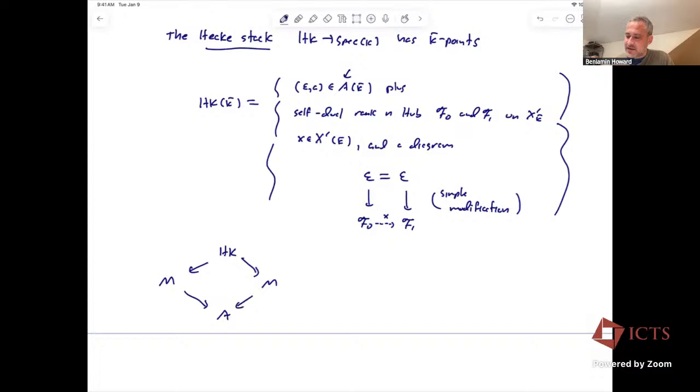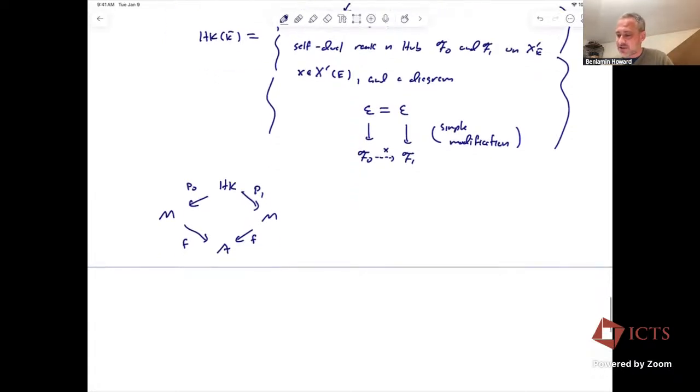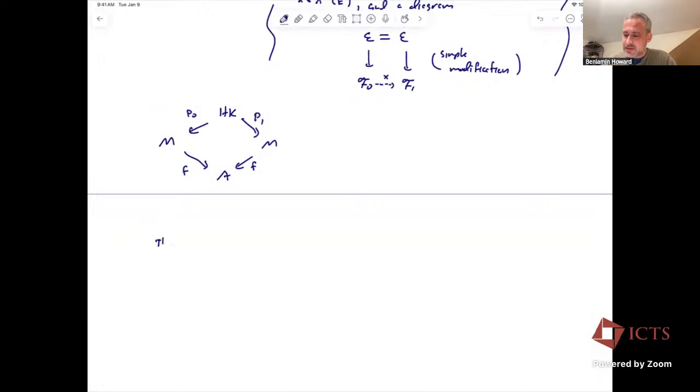And so I get this picture. So it looks like a Hecke correspondence, hence the name. And I claim the existence of this stack defines the endomorphism of this higher direct image that we're looking for.